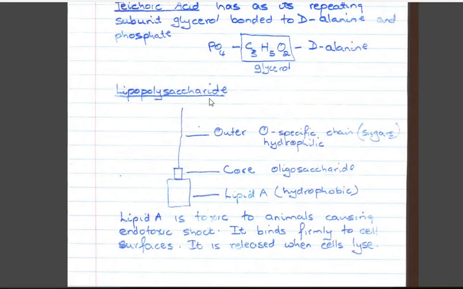And once you are familiar with it, just call it LPS. The lipid A, which you see here, is toxic to animals, causing endotoxic shock. This lipid A binds firmly to the cell surfaces, and it is released when the cell lyses.